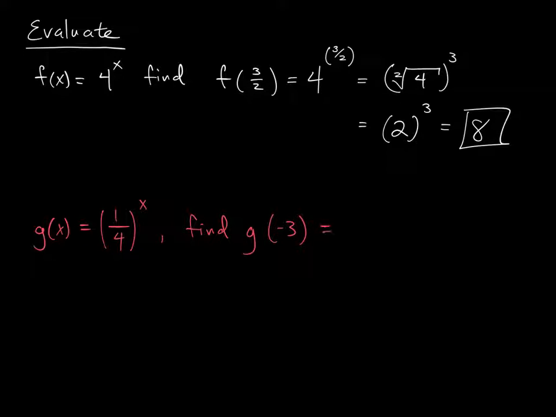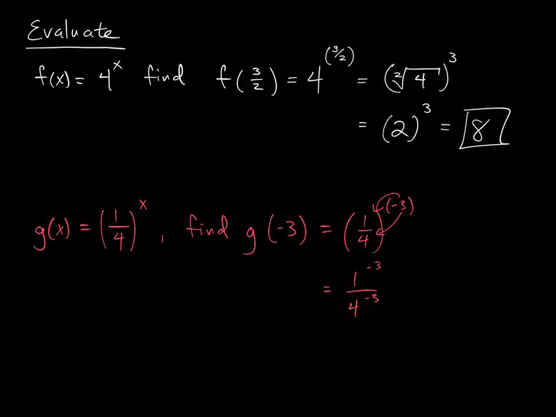So this would look like 1/4 to the -3 power. Well, let's see. I think we learned this. We need to distribute the -3 to everything here. So the 1 and the 4. So this becomes 1 to the -3rd power over 4 to the -3rd power.